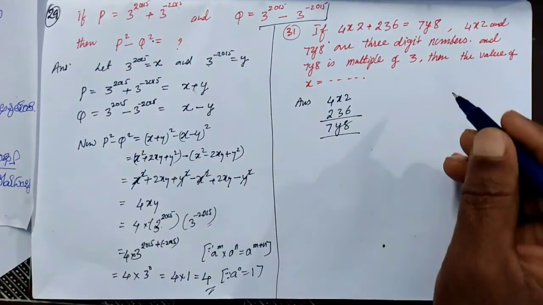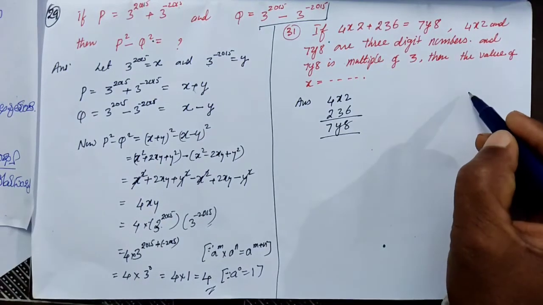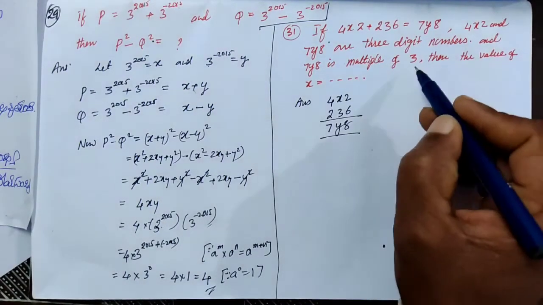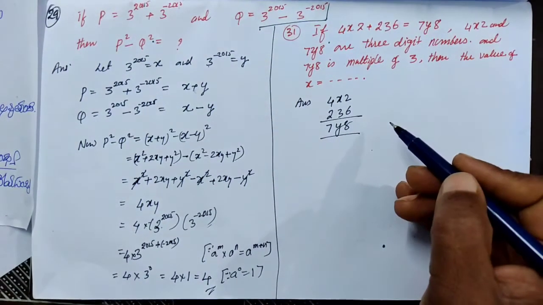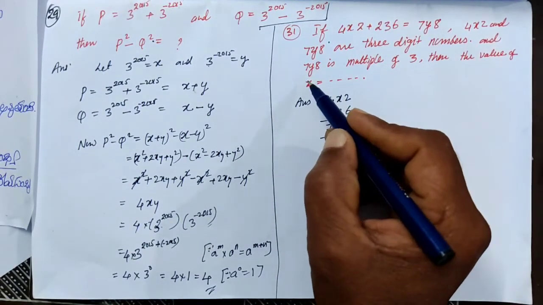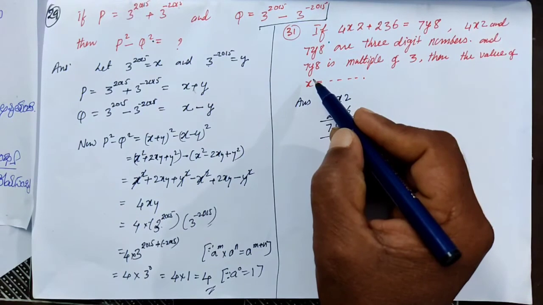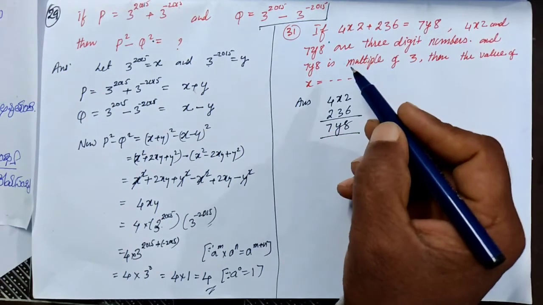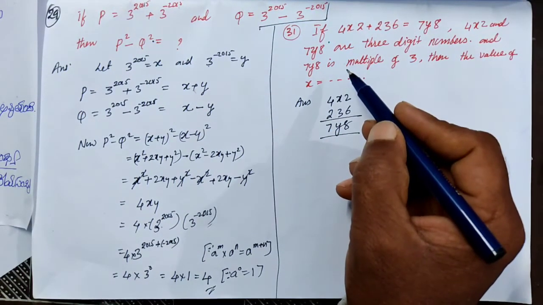Here, multiple of 3 means this number is divisible by 3. As we know, what is the divisibility rule of 3?